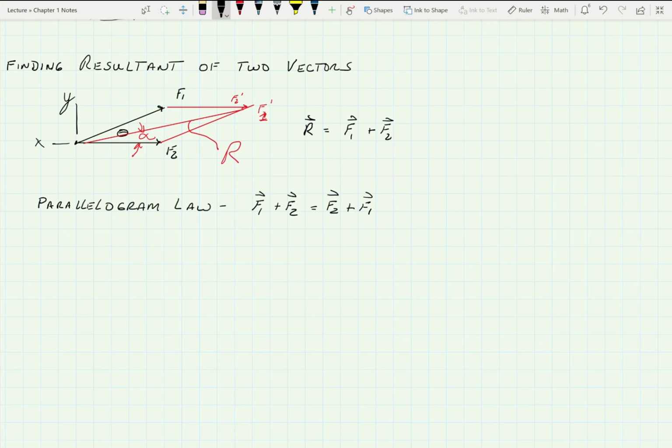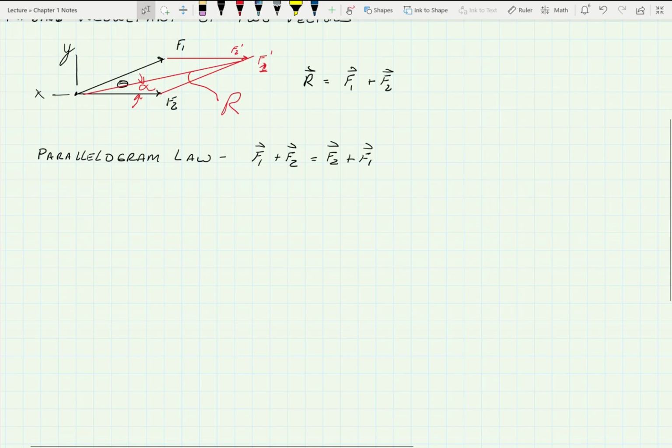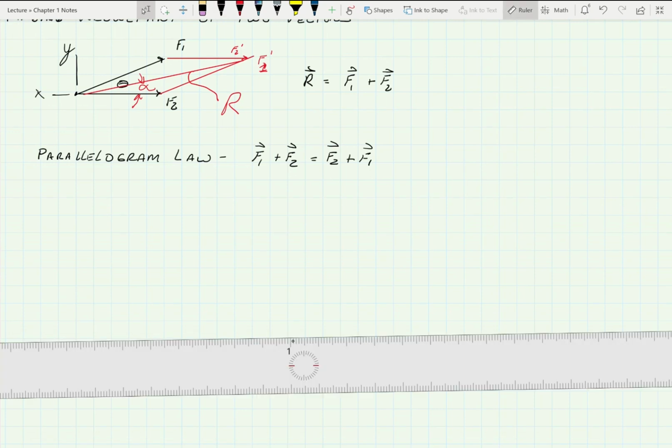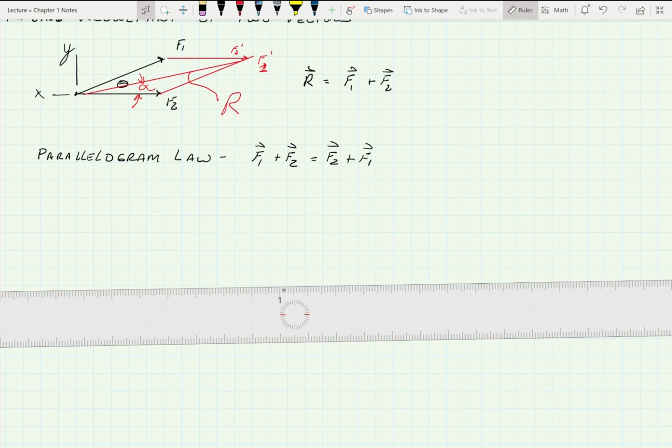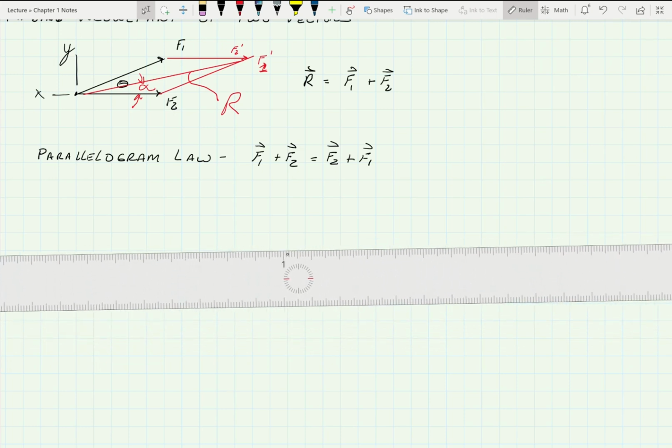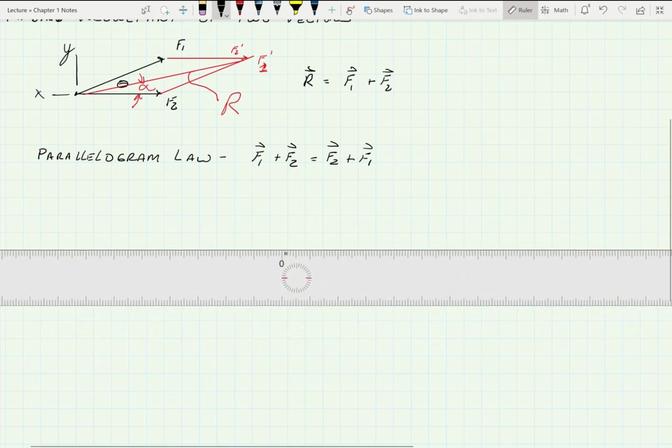All right, another way to do this whole thing would be to, instead of doing the parallelogram, do what I described earlier as tip to tail, but let me do it right here.